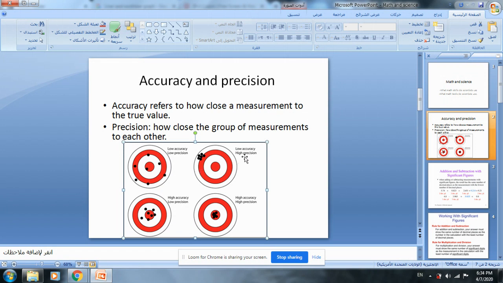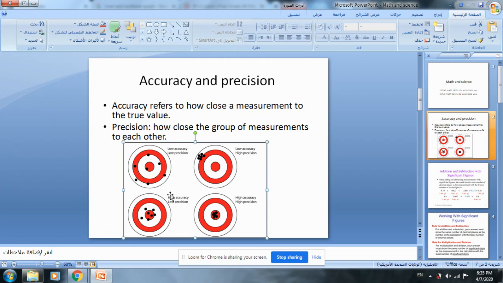Low accuracy, because the measurements are not on the target, or at least close to the target, but they are grouped outside the target, away from the true value. So we have high precision because the measurements are grouped together, though away from the true value. So we have here low accuracy, high precision.